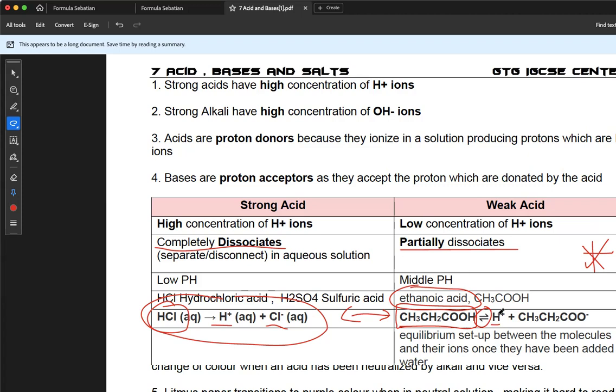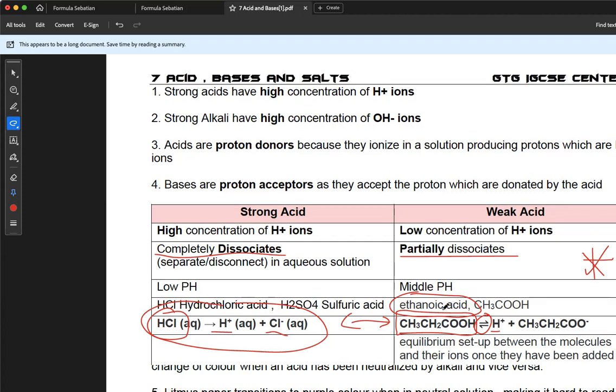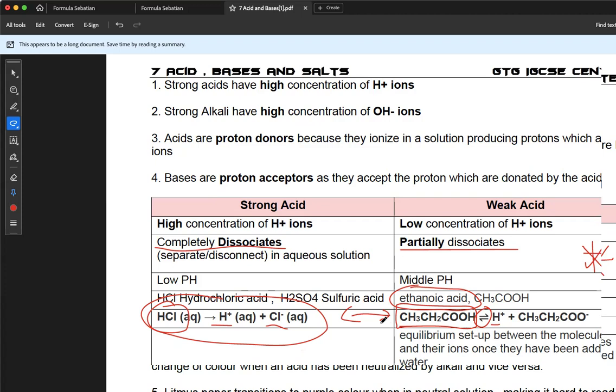Meaning the concentration of H plus is definitely going to be much weaker. You understand what I'm talking about, guys? Because of that, remember that the difference between weak and strong acids is just the dissociation of H plus ions in the water. Either it will completely dissociate or it will partially dissociate.